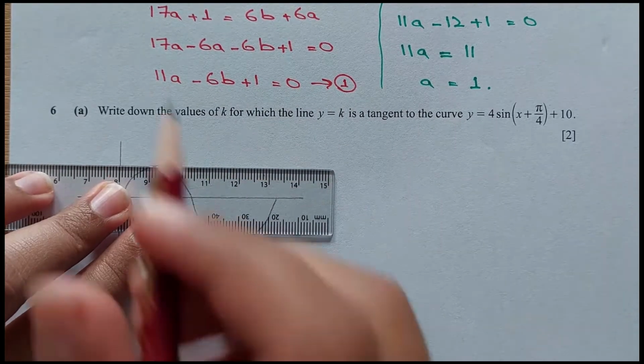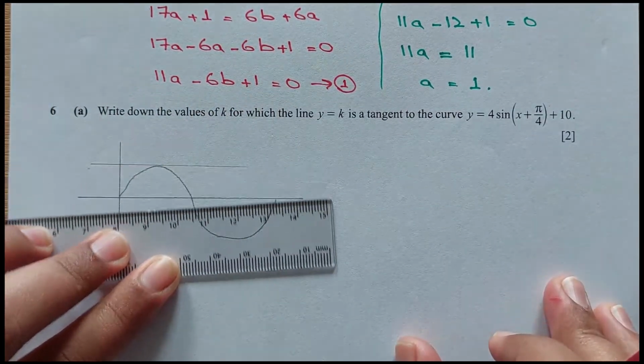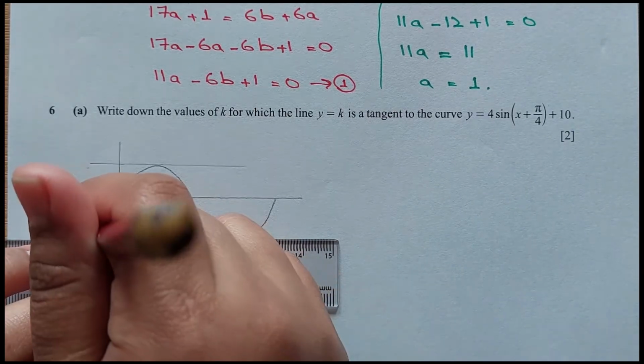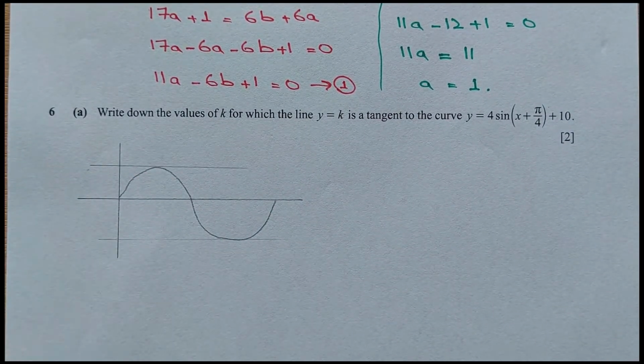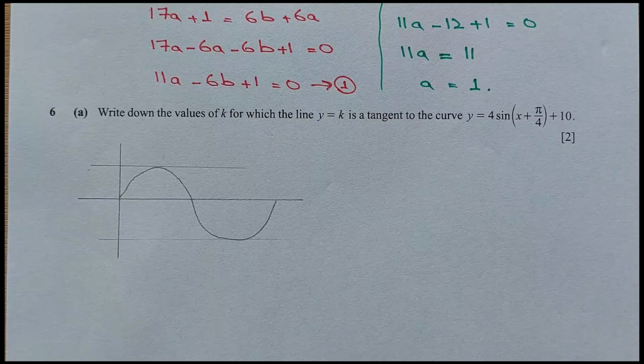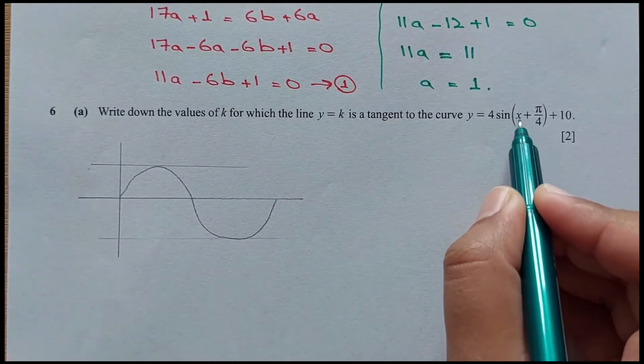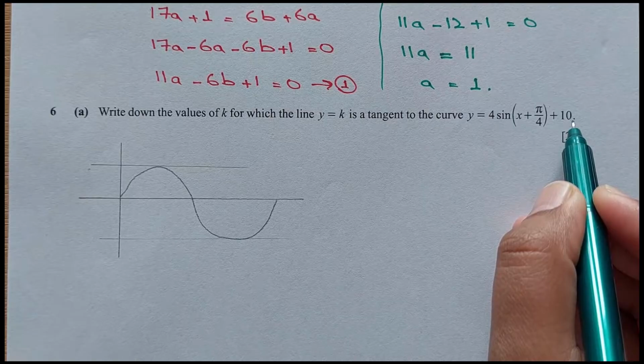So it can be at the maximum point that is going to be the tangent, or the minimum point is going to be the tangent, right? So we got the hint that it can be the maximum or the minimum value, so we need to find the max and the minimum. We have y equals 4 sine(x plus pi by 4) plus 10.